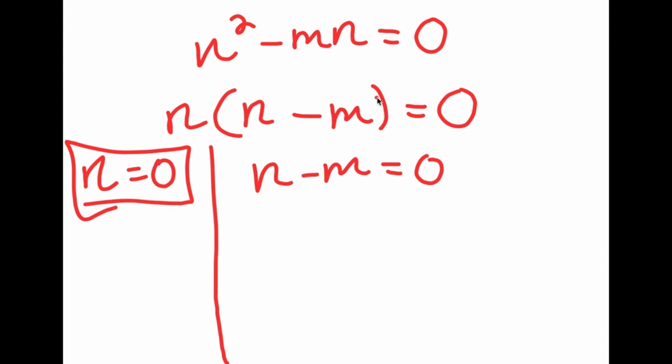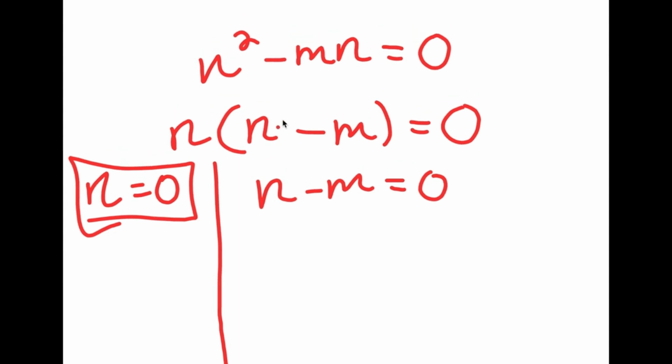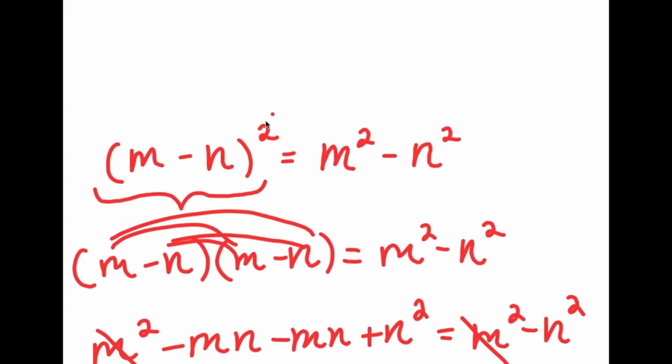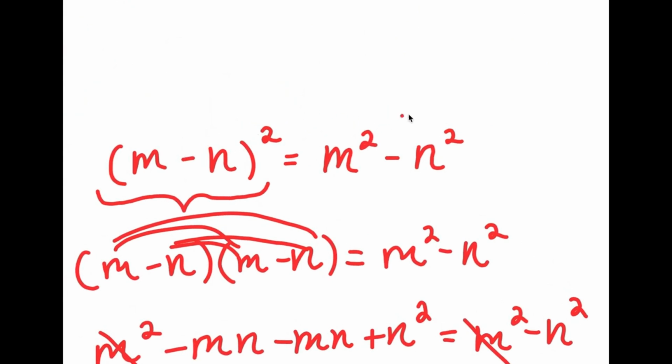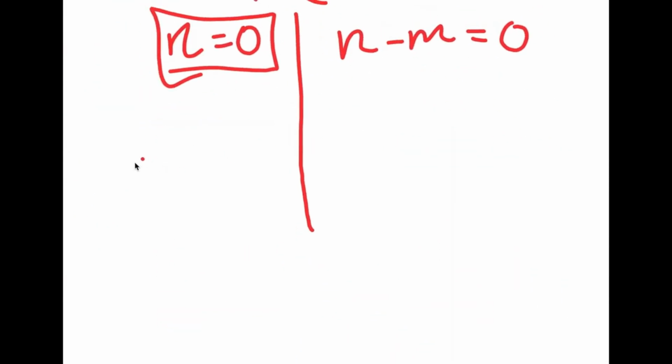Now, going back to our original equation, we have m minus n squared is equal to m squared minus n squared.